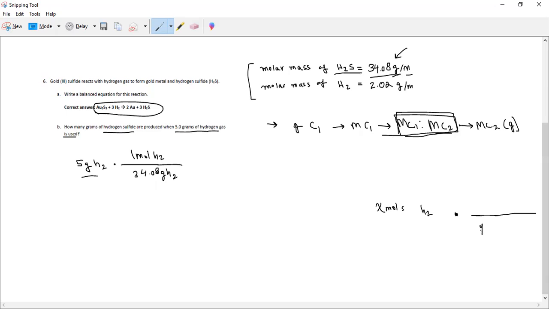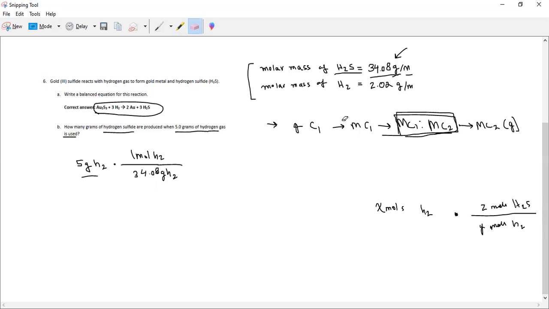Well, you would need Y amount of moles of H2 on the bottom so that they could cancel out. And you'd want to be left with Z amount moles of hydrogen sulfide, which is H2S, right? So we want a conversion factor which is exclusively between moles, which can allow us to cancel out the moles of H2, and we'll be left with moles of H2S.